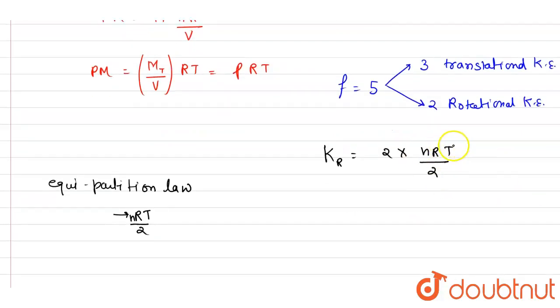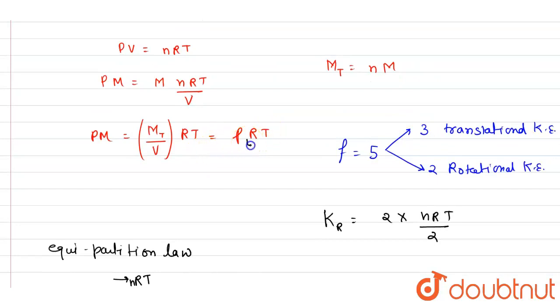So it is nRT only. Now we can know the RT value from here. So I will write this RT is equal to pressure times molecular mass by rho. So we will just put the value.